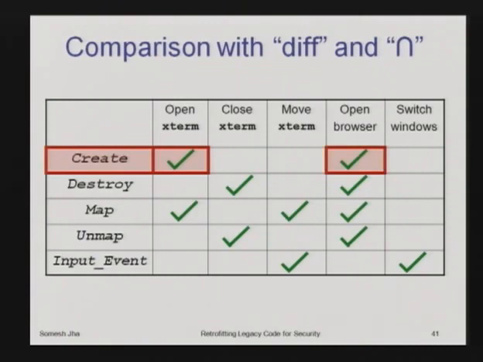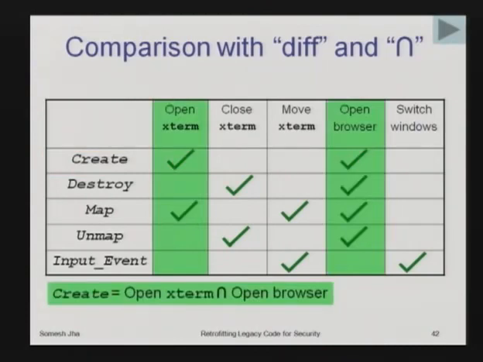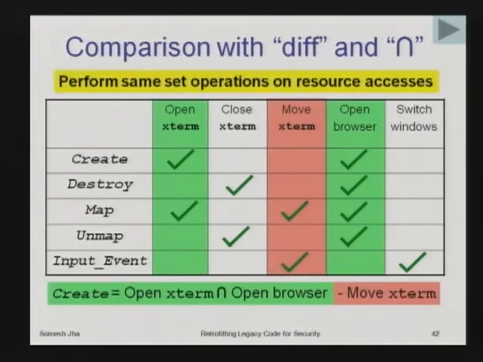If I now intersect these two traces, think about those as sets and you are intersecting them, then this guy is still in there, but if I subtract the trace for the other event, then the only thing left should be create. Think about this as a set: create, map, you union with this, subtract this.